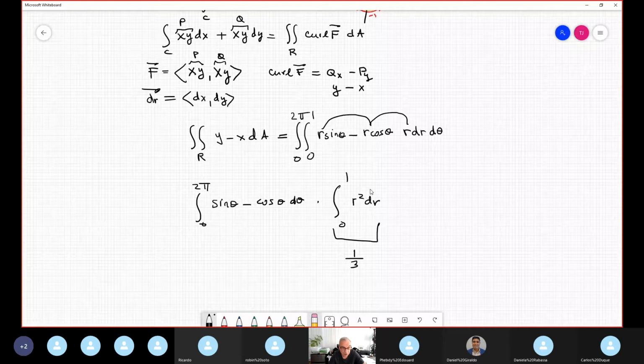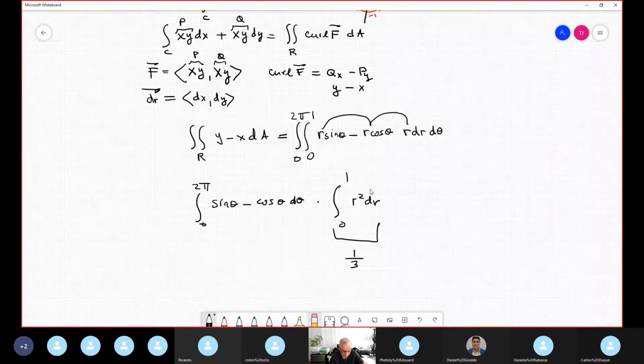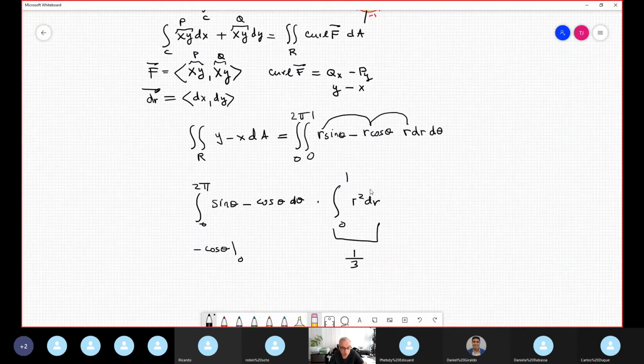This no, because the antiderivative of sine is minus cosine theta, evaluating between 0 and 2 pi. And the antiderivative of cosine is sine, and this stays the same negative. Sine theta evaluating between 0 and 2 pi.